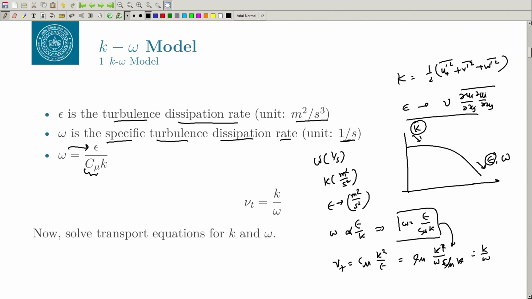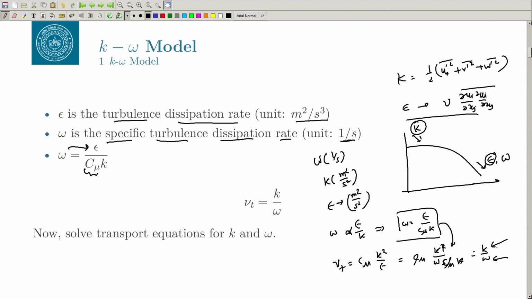So, now our task is to find a transport equation for omega. The k equation, as we have discussed, can be derived from first principles, although you can make some assumptions about terms which are not very important, like we saw that viscous transport of the kinetic energy or certain stresses you can omit.